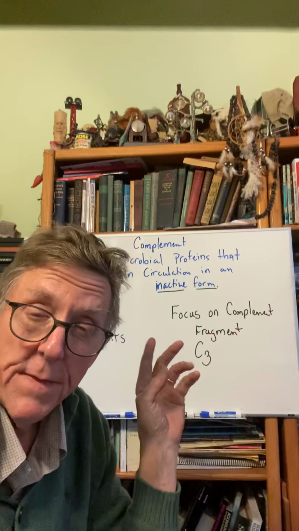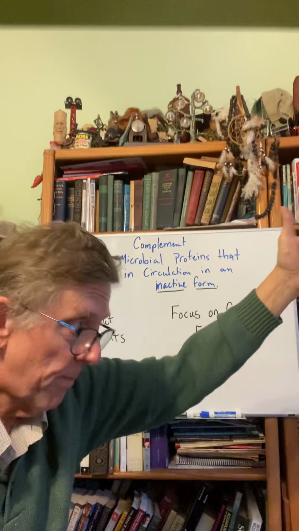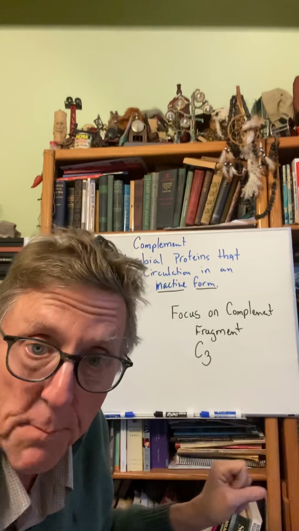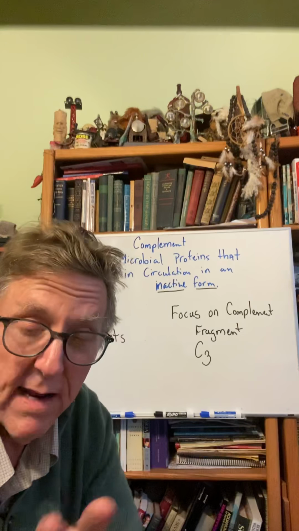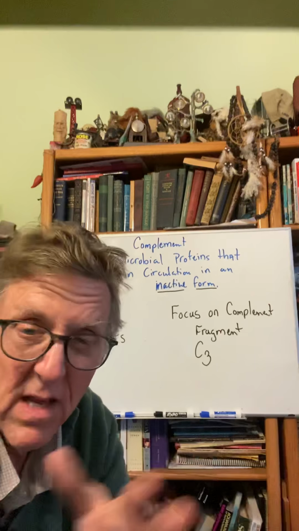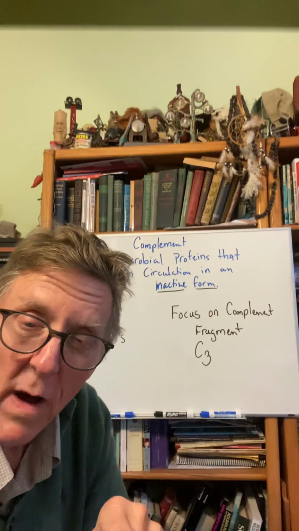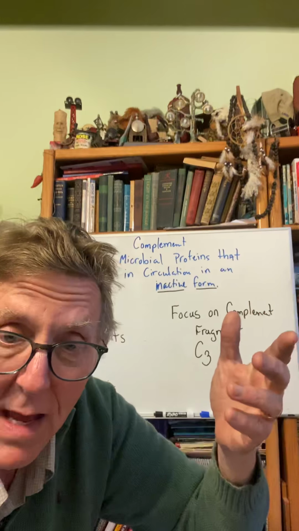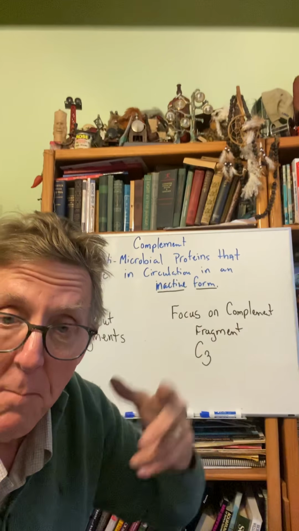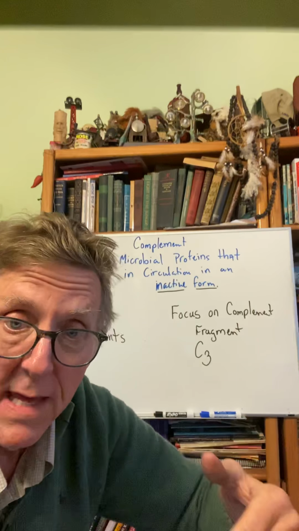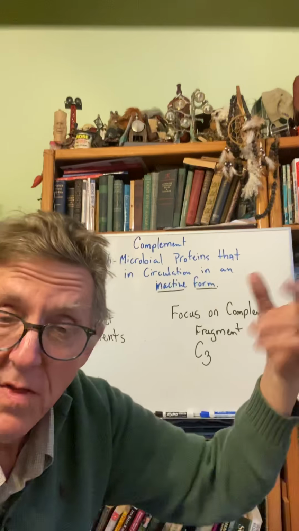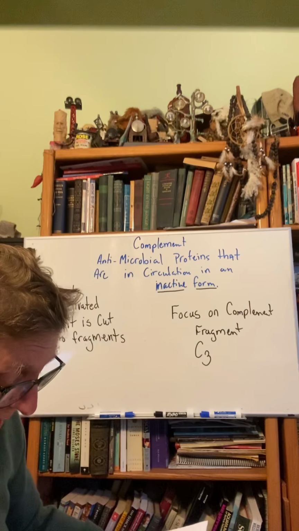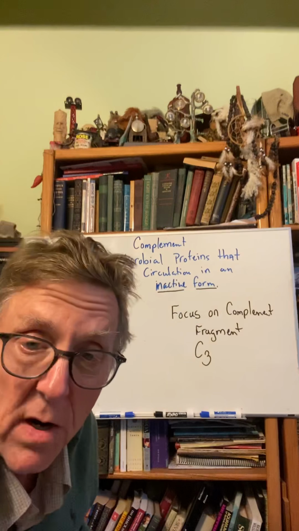You have to have the classic pathway where the antigens and antibodies are there, and you've created these C3 fragments, and then they get broken down into the C3A and C3B, cut in half, basically. Well, one of these, the C3B, will just bind to a pathogen anyway, and that will cause more complement. When C3B binds to a pathogen, it causes the production of more C3. And so that is called the antibody-independent pathway, or the alternate pathway.